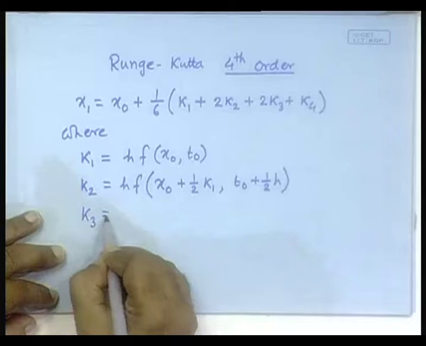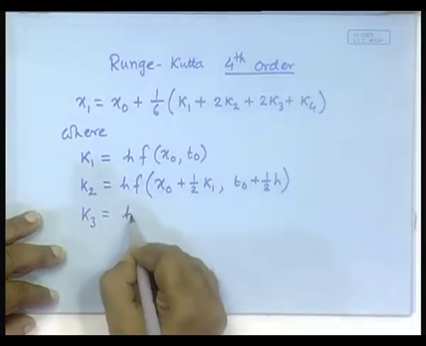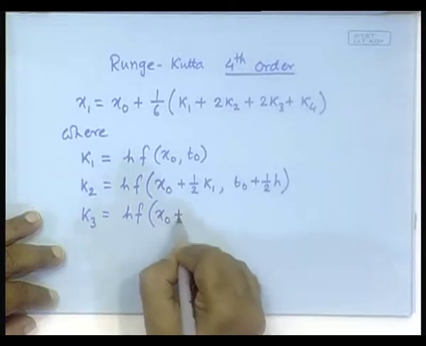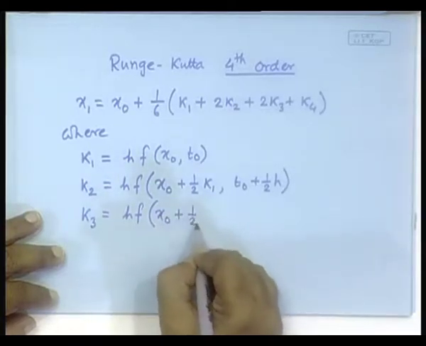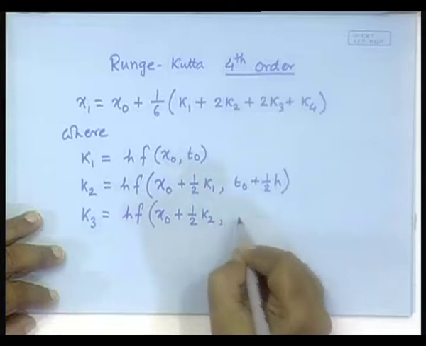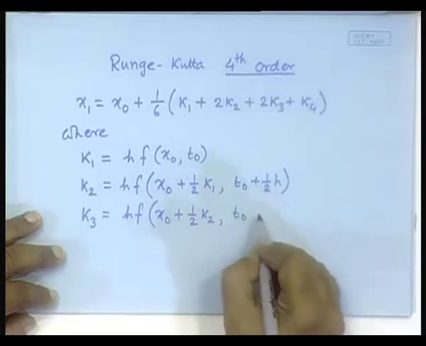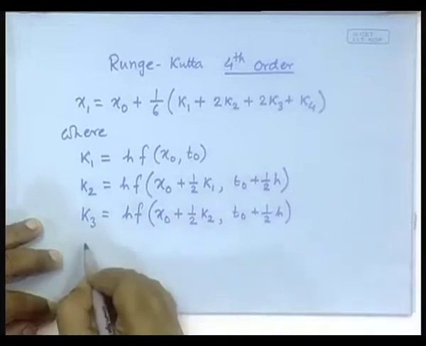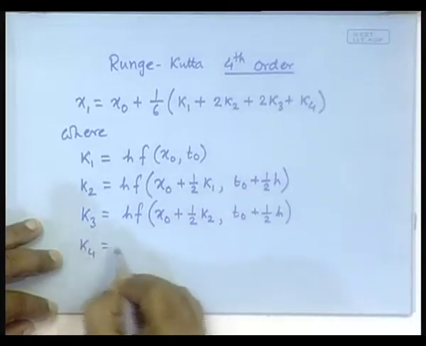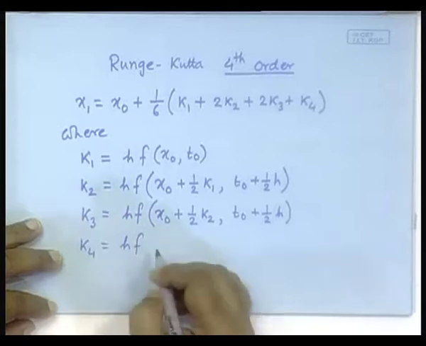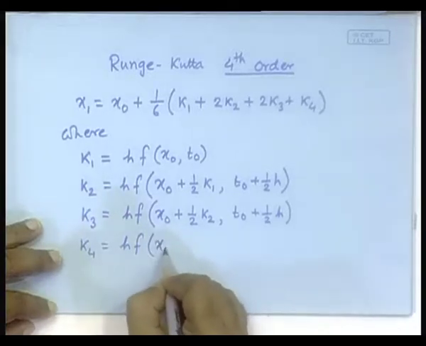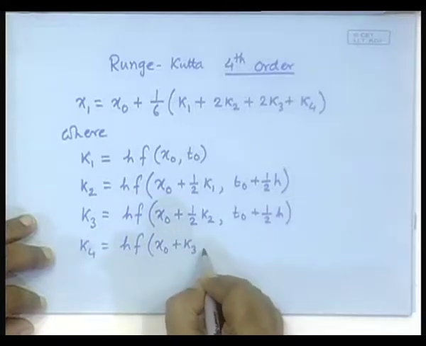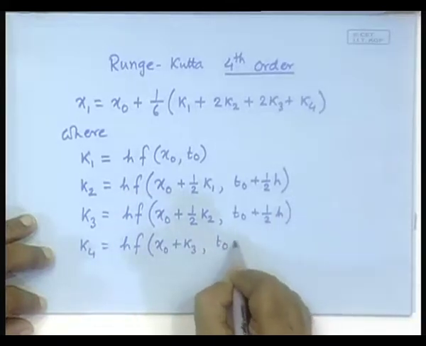K 3 will be h f of x naught plus half k 2, t naught plus half h, and K 4 will be h f of x naught plus k 3 and t naught plus h.